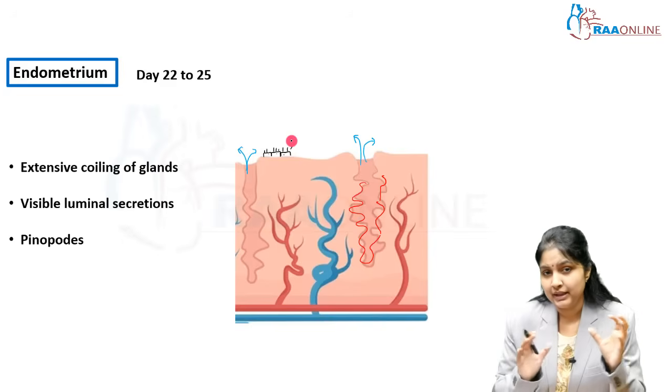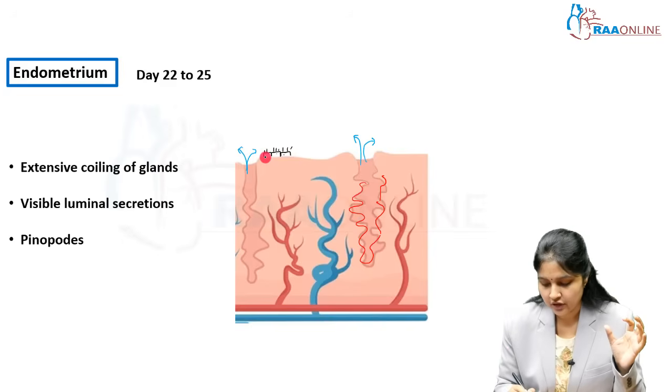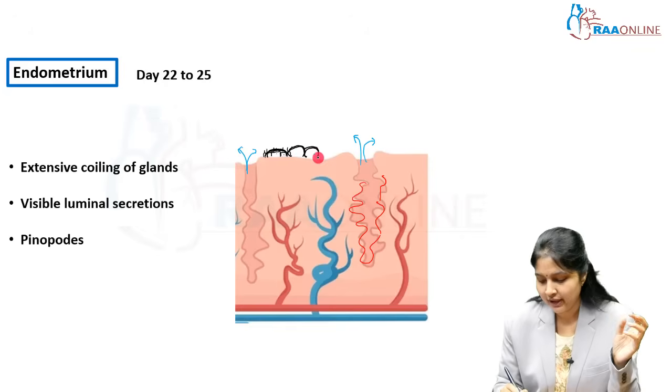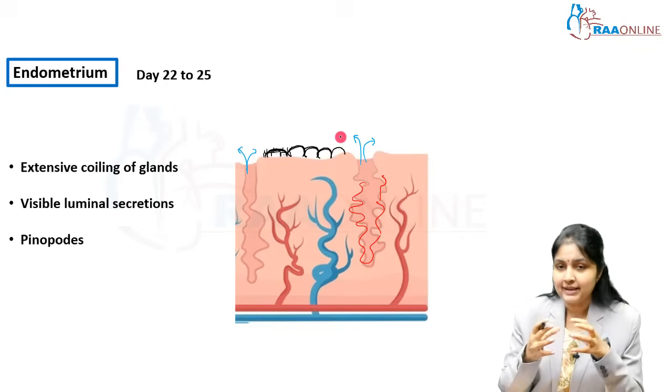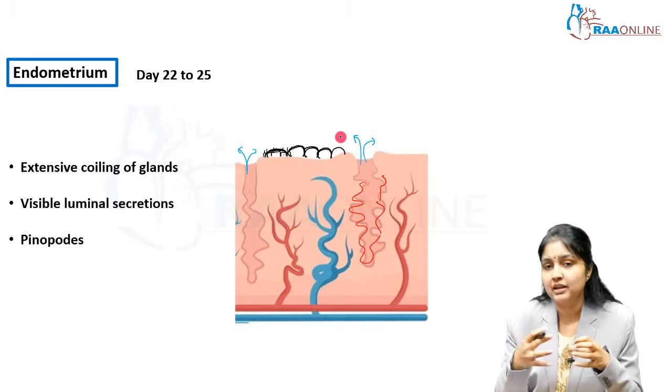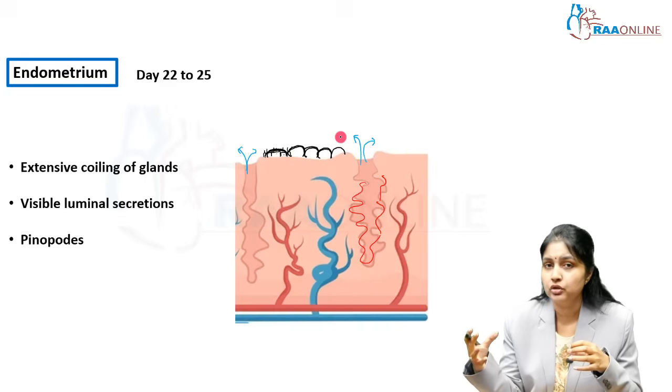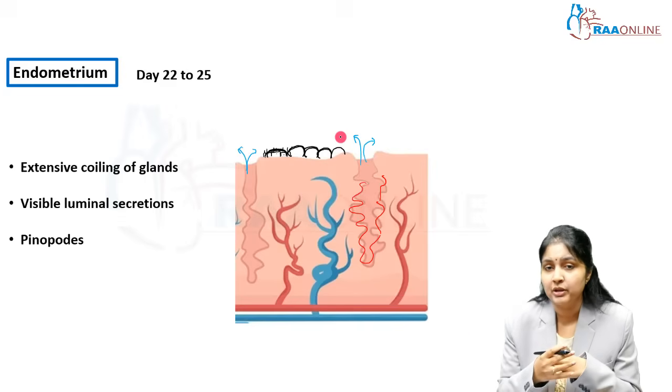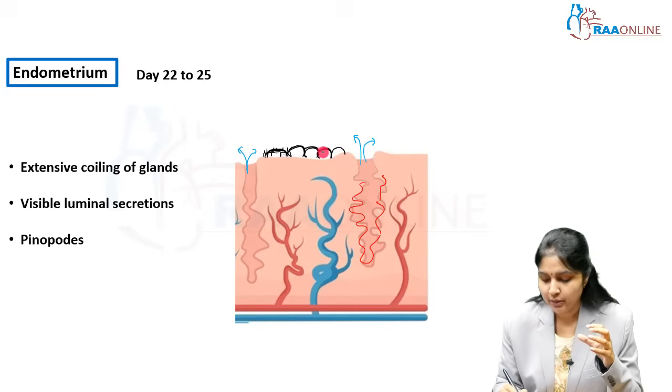During this period, 1 week after fertilization, a couple of these endometrial epithelial cells fuse together to form small flower-like projections. These act like sticky tape, helping the embryo to get attached firmly to the endometrium. These are the pinopods.